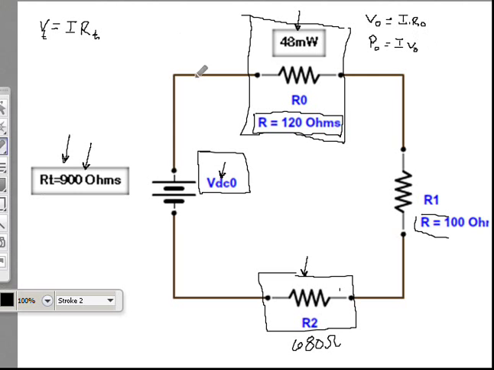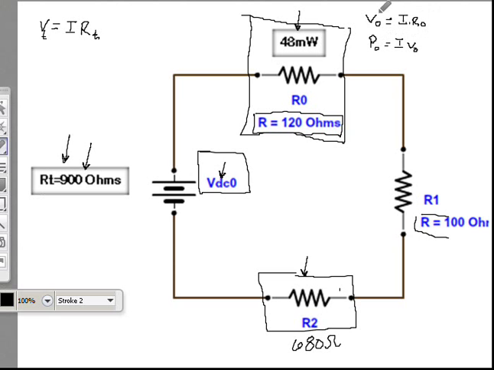Well, since I only have power and resistance to work with here, and my main objective is to come up with current, I want to be able to state power in terms of current and resistance.